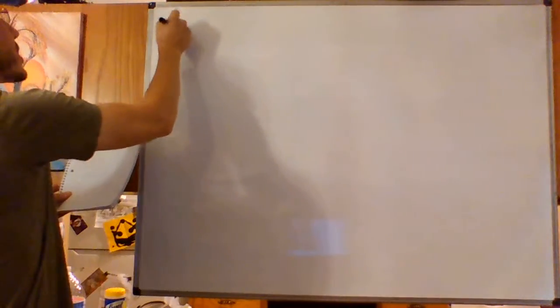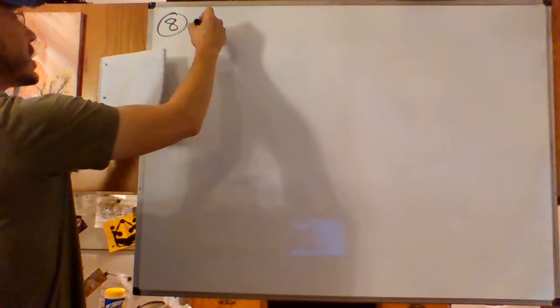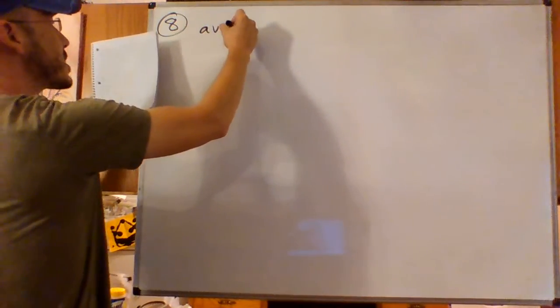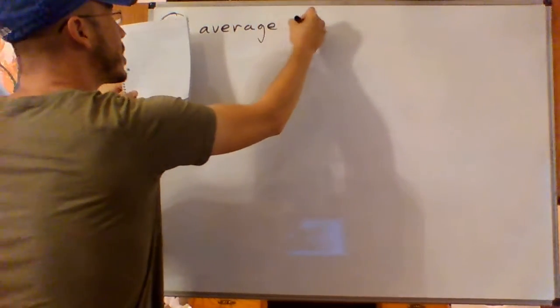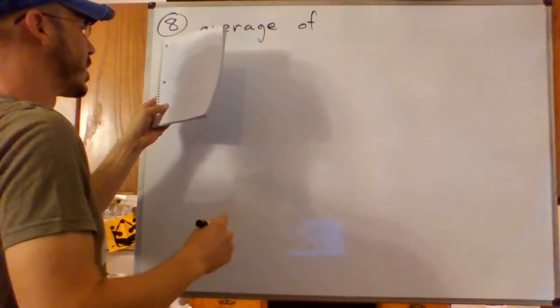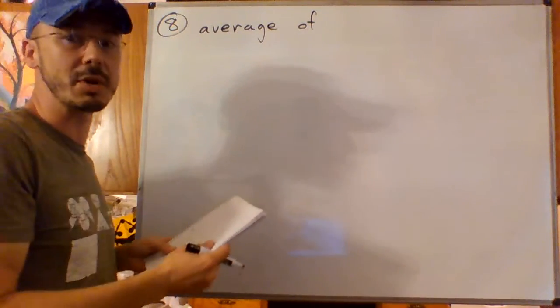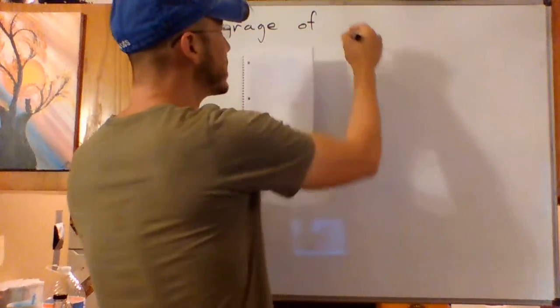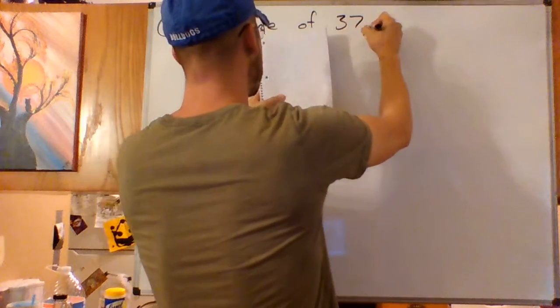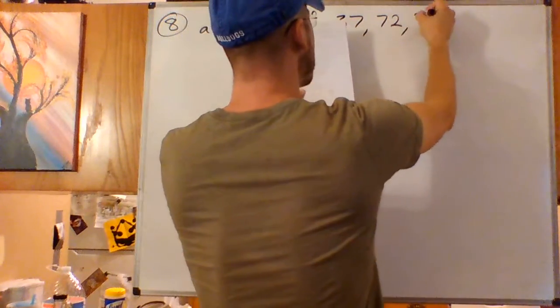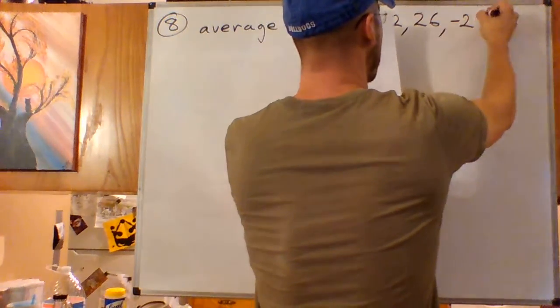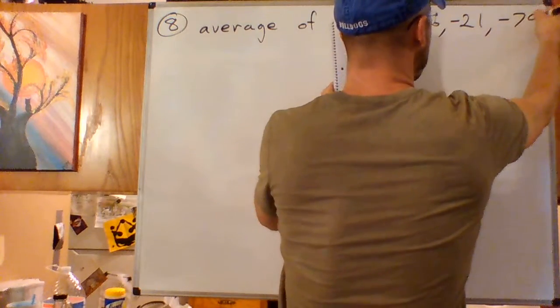For number 8, the problem said in a sentence, I'm just going to write it as average of the following list of numbers. So we want to find the average or the mean of 37, 72, 26, negative 21, and negative 79.